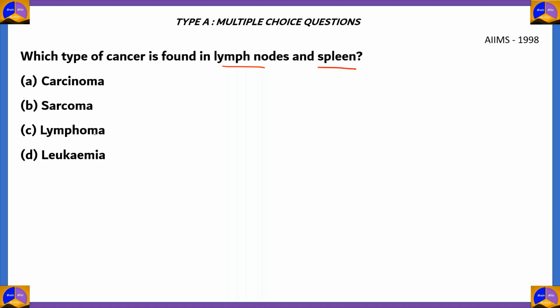So carcinoma refers to cancer on the skin. So option A is incorrect. Option D, leukemia. Now leukemia refers to malignant cells or cancer in the white blood cells of the body. So this is a threat to immunity. So option D is incorrect.